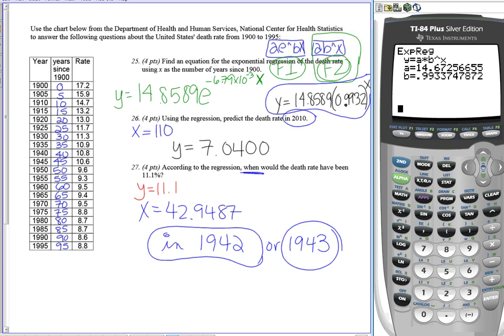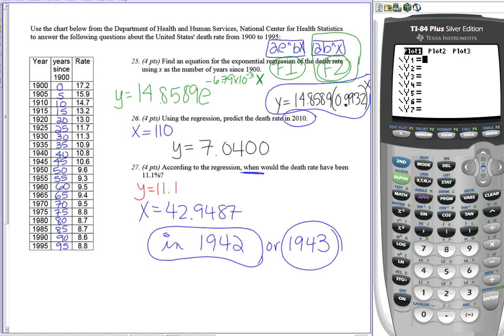Now I want to do my predictions. In order to do my predictions on the calculator, I need to get this equation into my y equals. If I go to y equals, I don't want to just type it in with the 4 decimal places, or that's going to lose a lot of detail. So I go to vars, and it's a statistic variable that I'm looking for.